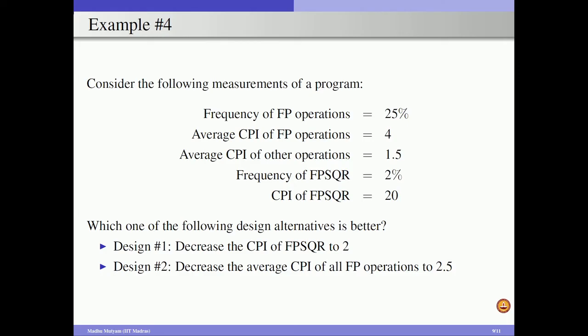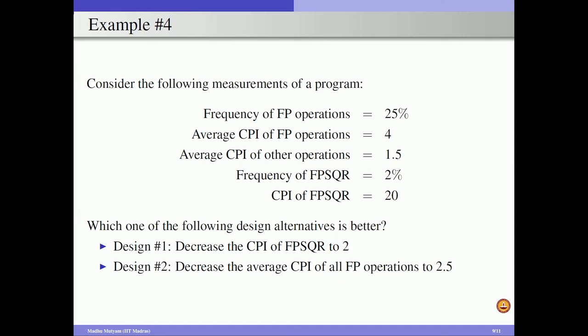Now, is decreasing the CPI of floating point square root operations to 2 better as compared to decreasing the average CPI of all floating point operations to 2.5? So how do we compare these two design alternatives and suggest the best one?